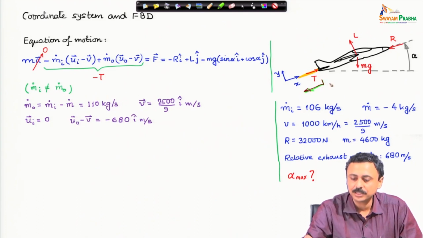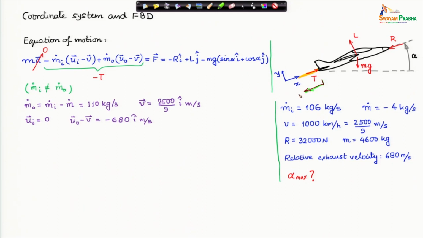The exit velocity relative to the aircraft is rearwards. So, this is 680 meter per second, and it is in the minus i cap direction. Therefore, the relative exit velocity is minus 680 i cap meter per second, and that is u_o minus V.